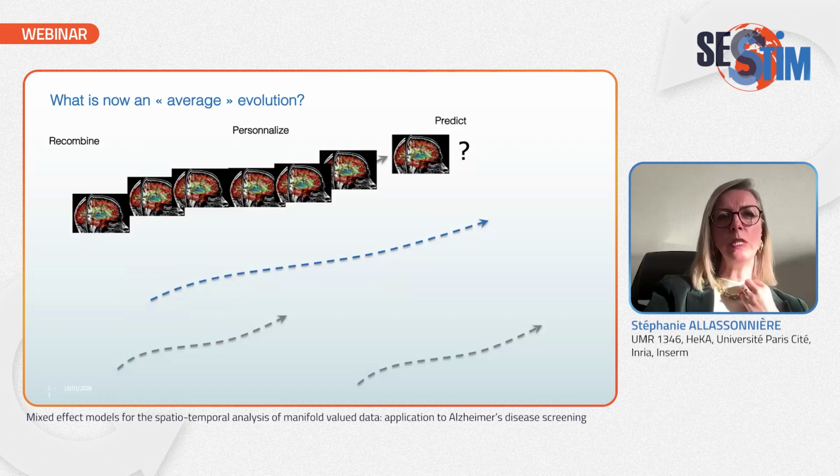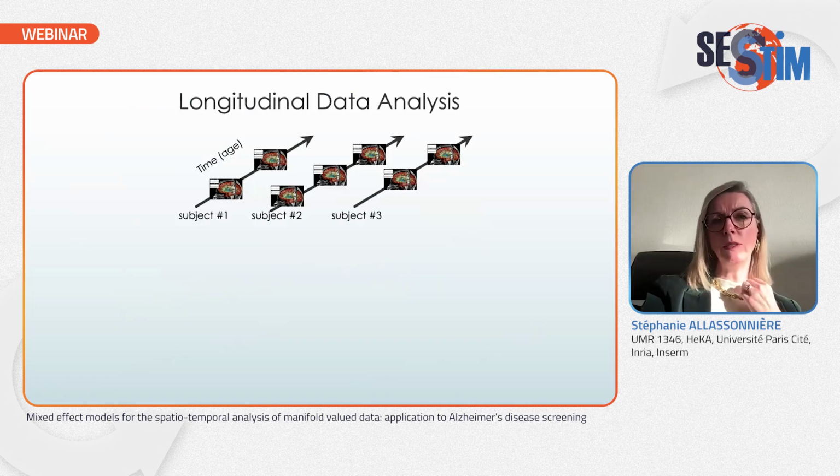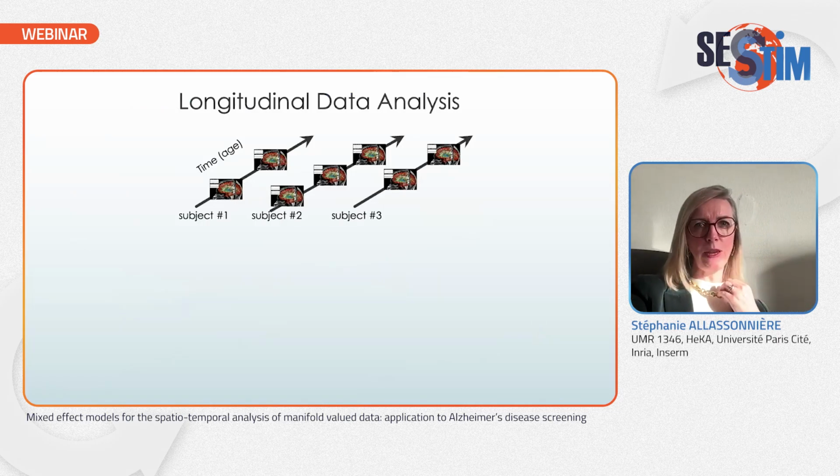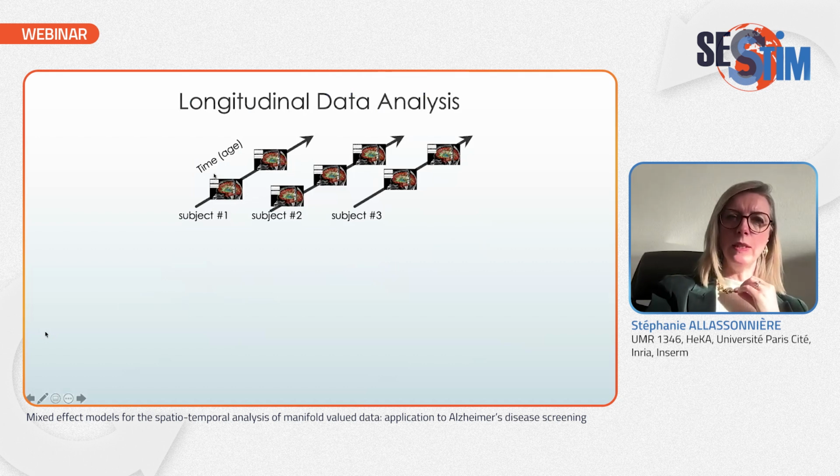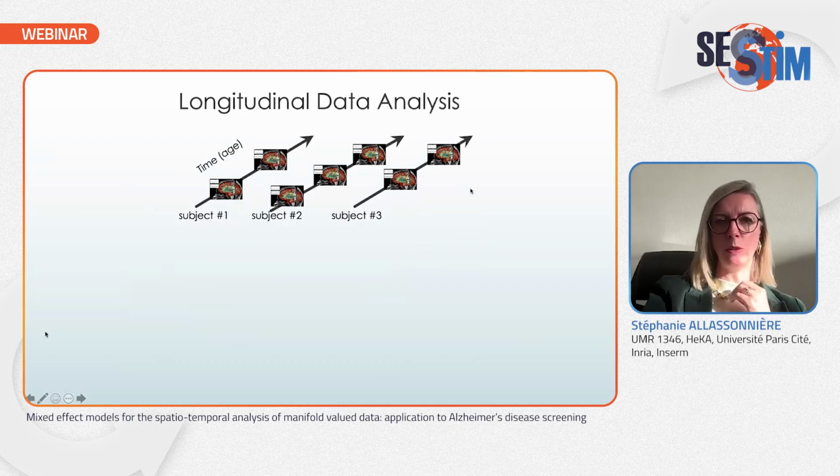So this is what we've been doing for these types of data, using longitudinal data analysis and mixed effect models. Again, you have different subjects. You have the age, which represents the time, but you have different paces of acquisition, and, of course, different ages for the first acquisition.